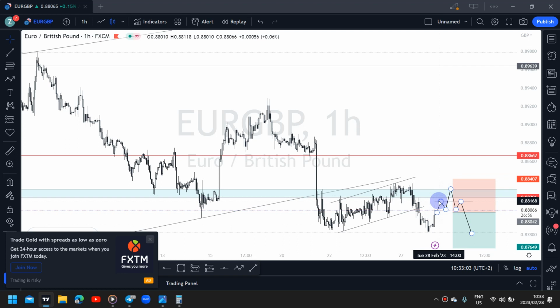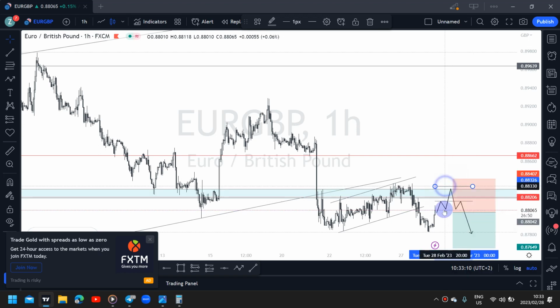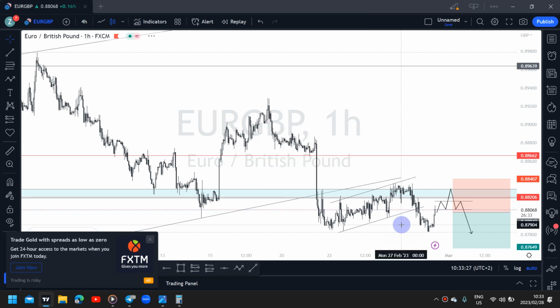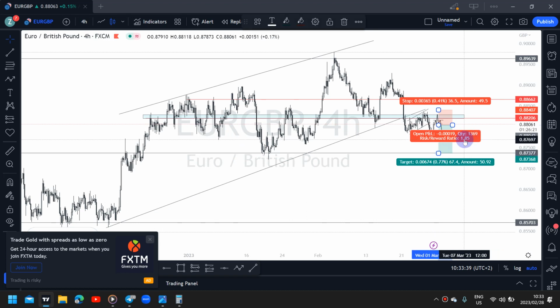Most of the times, I would say 90% of the times is by these pending orders. So my entry would be there and my stop loss would be there at 0.88407, and for my take profit it would be there obviously at my nearest key level, which gives me a good risk-to-reward ratio of 1.85.